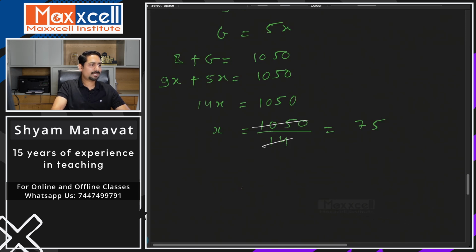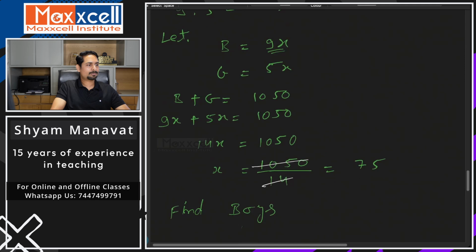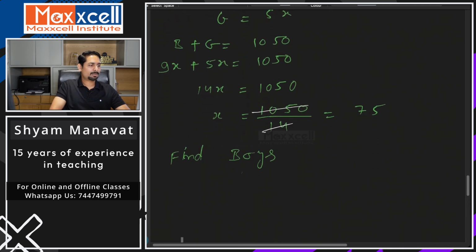Now what do we need to find out? The question said find the number of boys. So the number of boys, what did we assume? 9x. So the number of boys, 9x, will be equal to 9 into 75. That will get you the same value, which is 675.